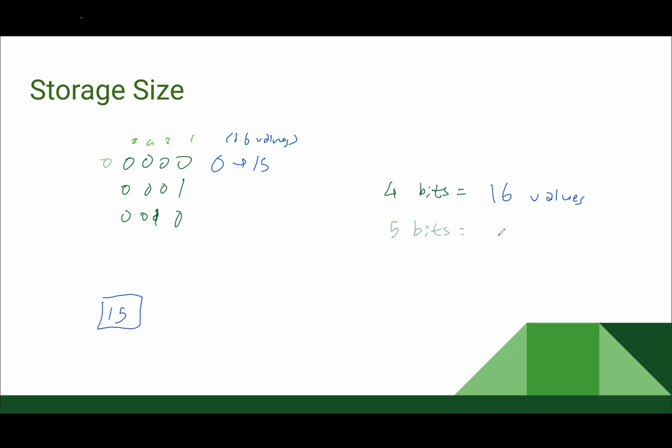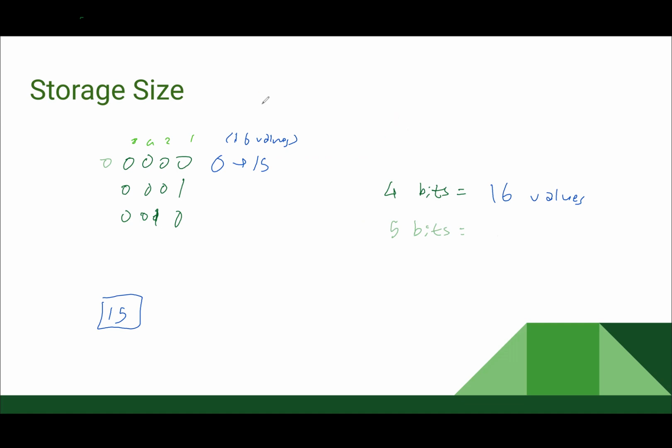All right, I have a guess for 25. So what values can I represent using 5 bits?